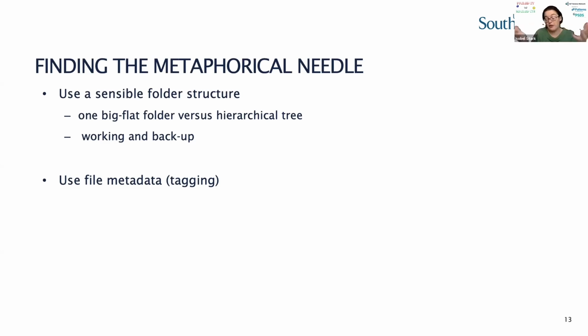Of course, with that, you could also investigate using versioning software as well, if you're interested in being able to go back to previous versions of files. Again, it will very much depend on the research that you're doing.